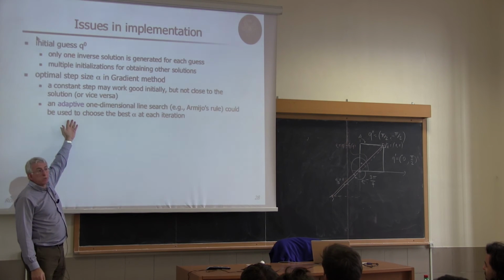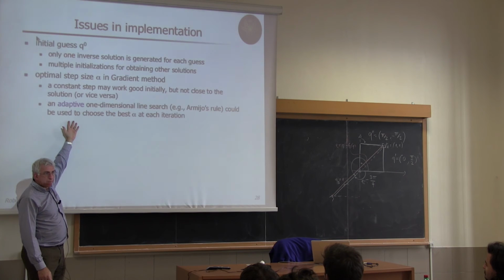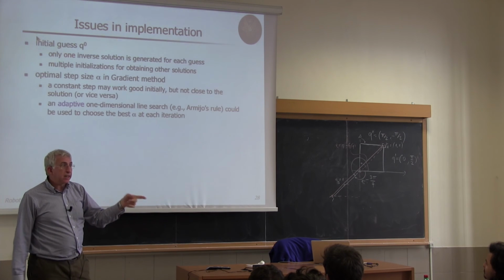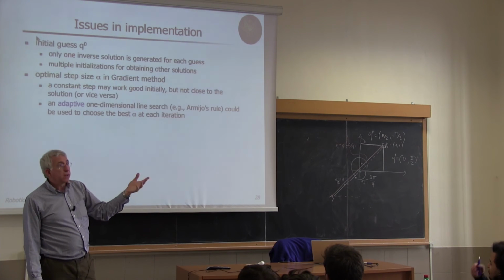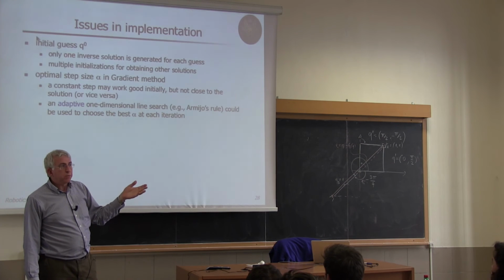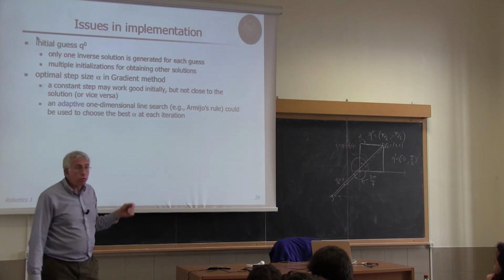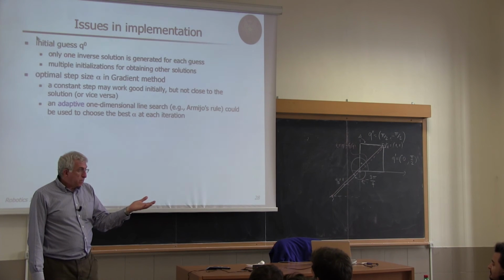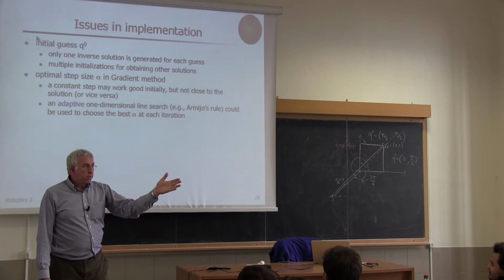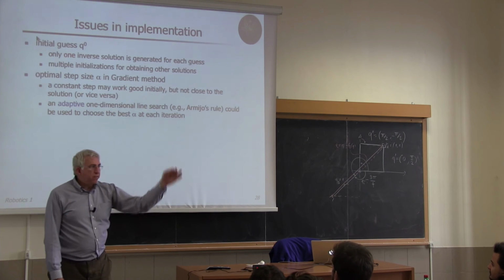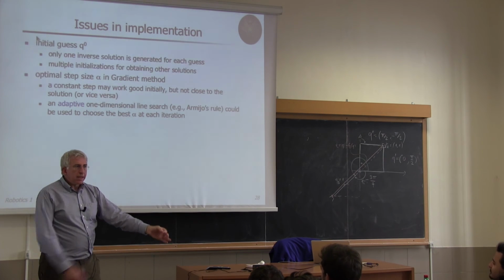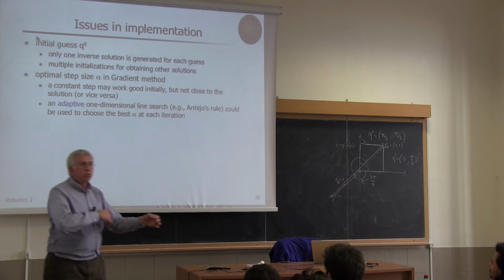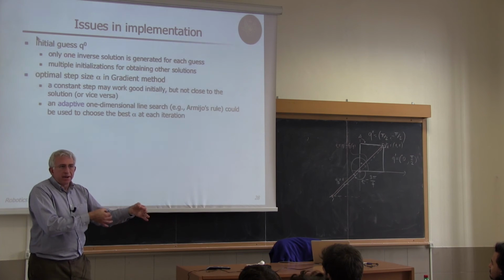So the best way would be an adaptive rule, which does a one-dimensional line search, as I said, and there are different techniques. If you take some course in optimization, you will find, for instance, the Armijo rule or the bisection rule, which means take an alpha, look where you would go, evaluate how much you have descended with your function, then bisect the alpha, so alpha divided by 2, do the same and compare.